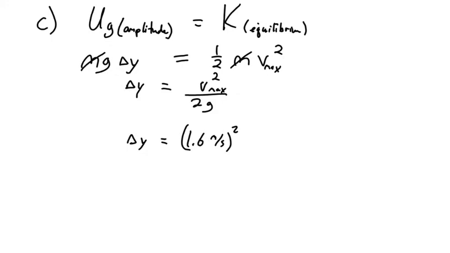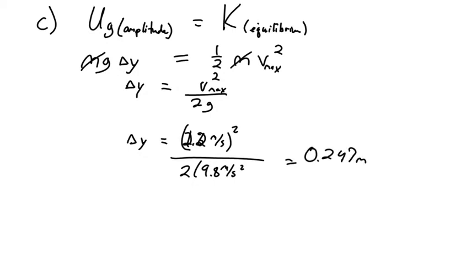Okay, 2.2 meters per second this time. 2.2 meters per second divided by 2 times 9.8 meters per second squared, which is going to give us a maximum height of 0.247 meters.